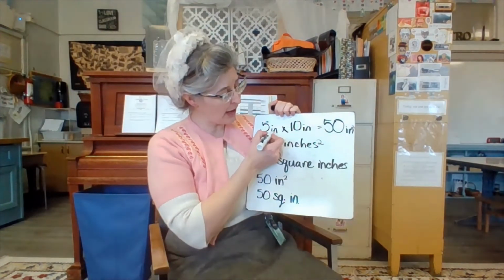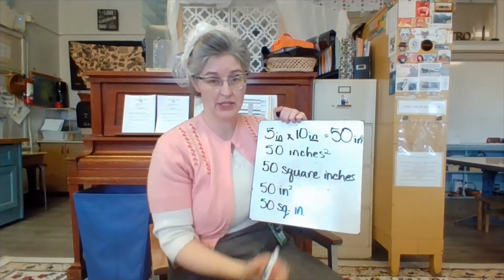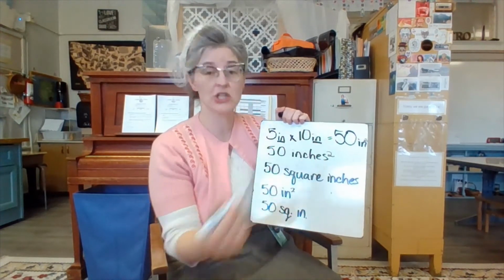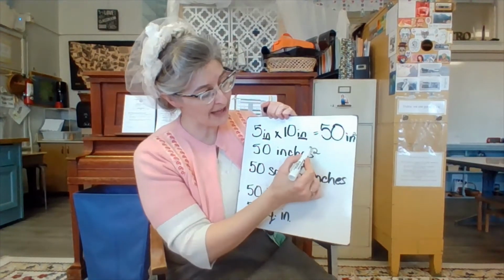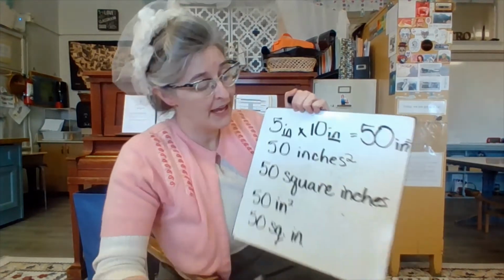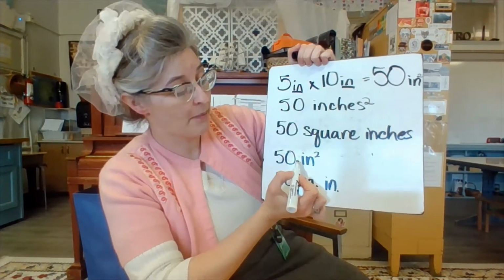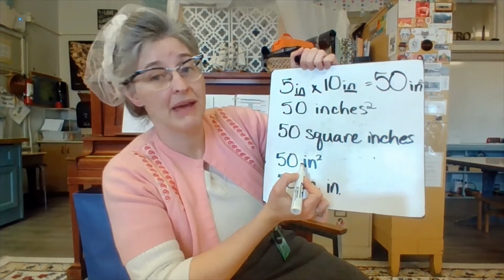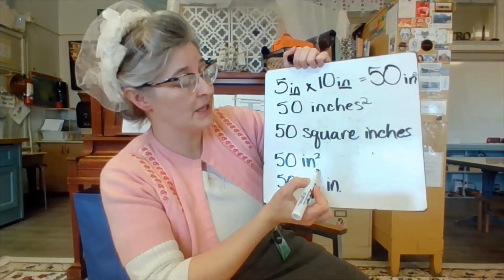If you'll notice here, I was multiplying inches times inches. I have 2 dimensions that I am multiplying together, so this is how I end up with my little exponent of 2. Now, this is the only place that 2 can go. If I put it in front, not going to mean the same thing. If I put it down here, not going to mean the same thing.